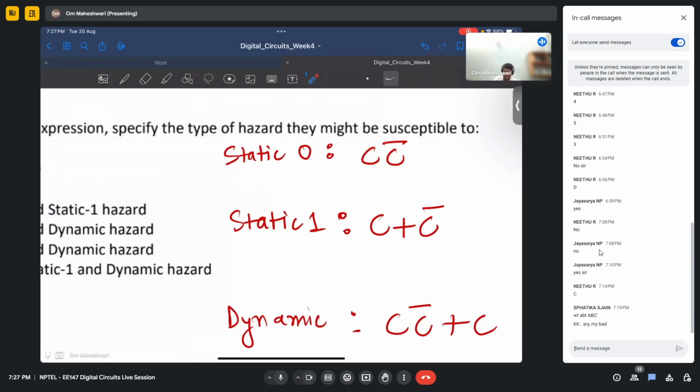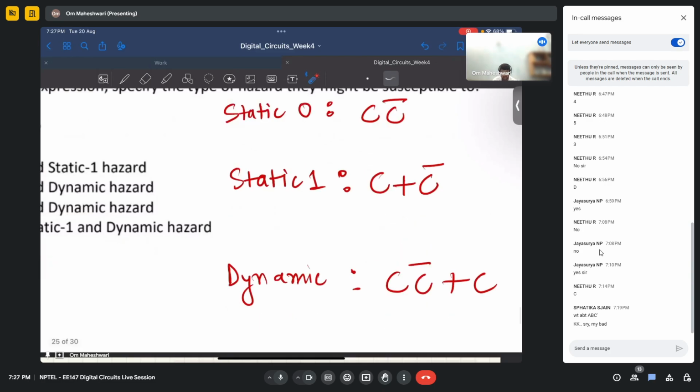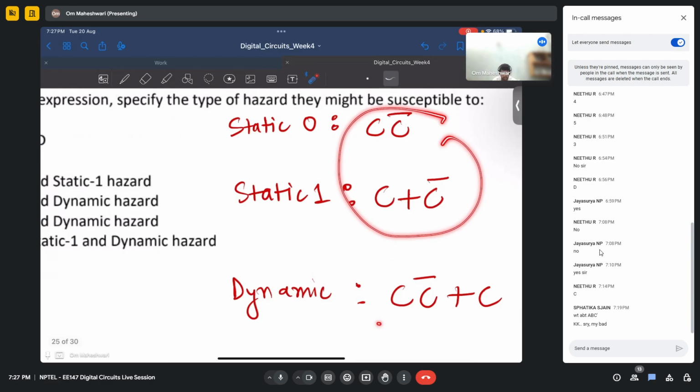But hazard means that when this is the case, instead of 0, you are getting some 1. This is static 0. Static 1: C plus C bar will always be 1, ideally. But due to some delay between these two, you can get a 0 in the middle. Dynamic is just some combination of these two.